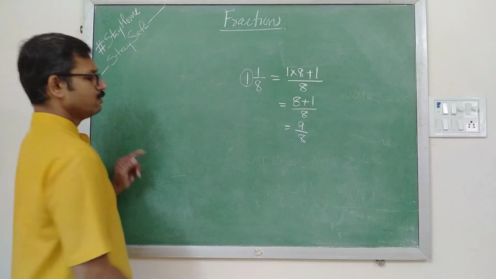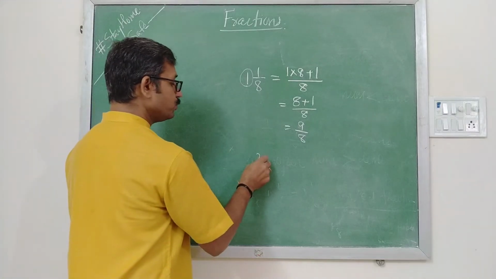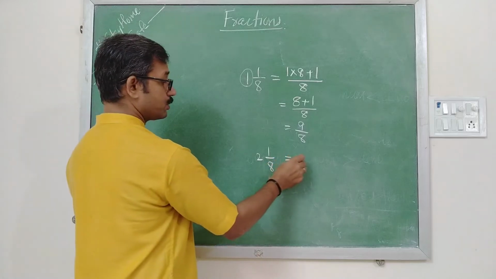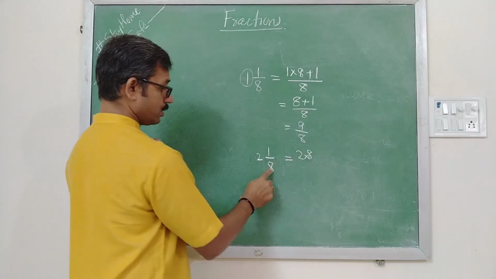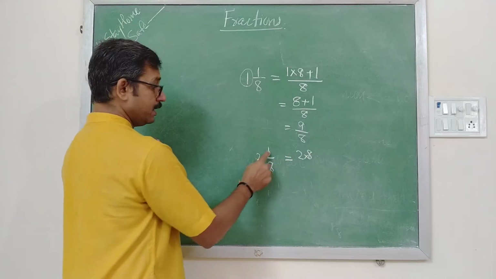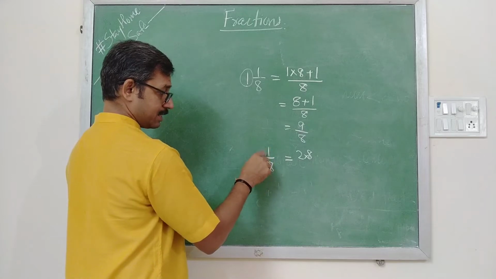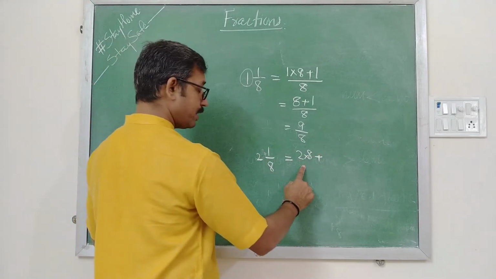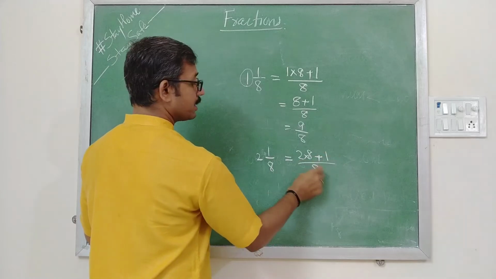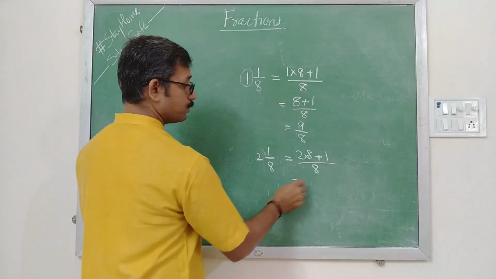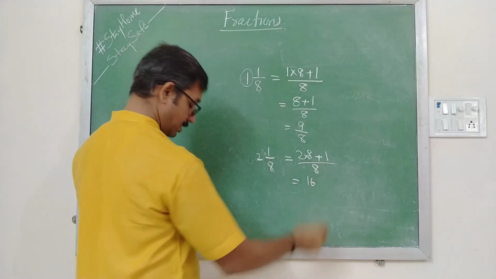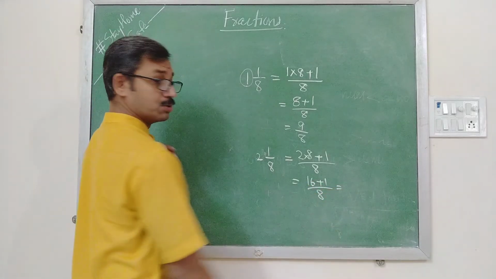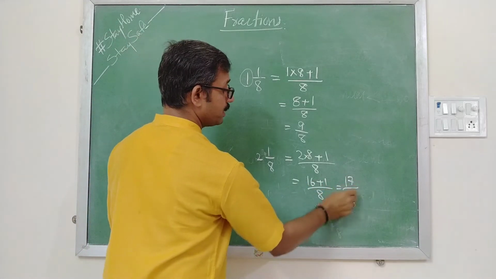Now suppose it is 2 integer 1 upon 8. So how will it come? It is equal to 2 into 8, then plus 1, upon 8. So 16 plus 1 upon 8 is equal to 17 upon 8.